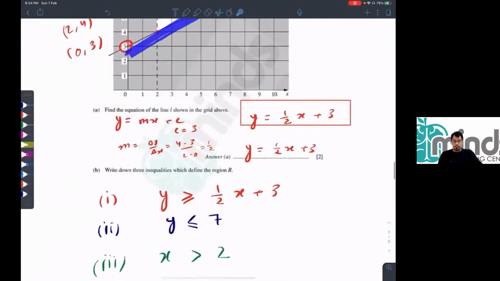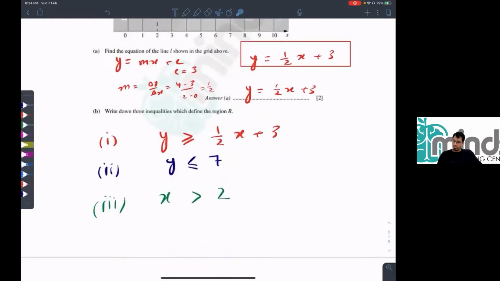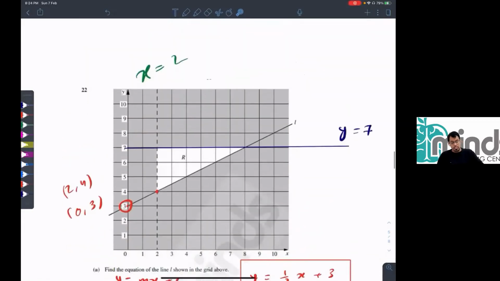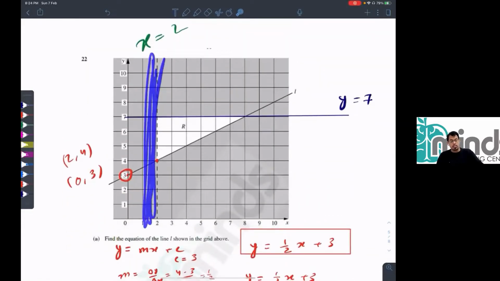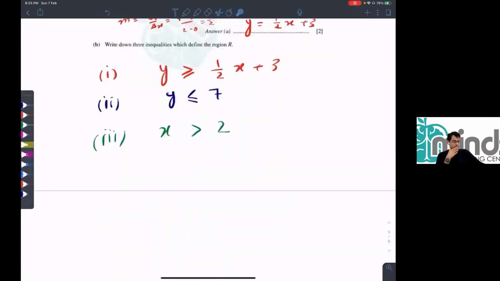So greater than or equal to. This is the second line. Is R above it or below it? Below it. So below means less than. Getting it? Okay. Look at this vertical line. Is R on the right or on the left? On the right. Right is increasing x. That's why it is greater than 2. Is it making sense now? Okay, I got it now.